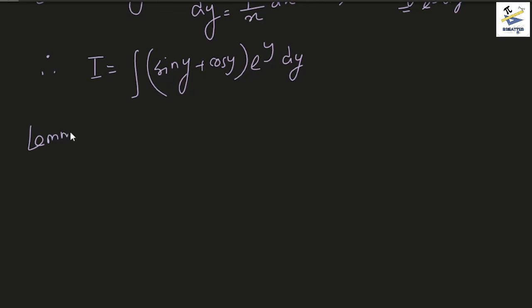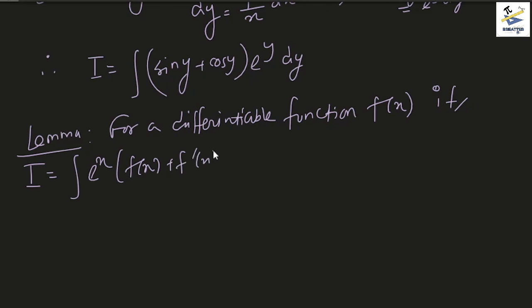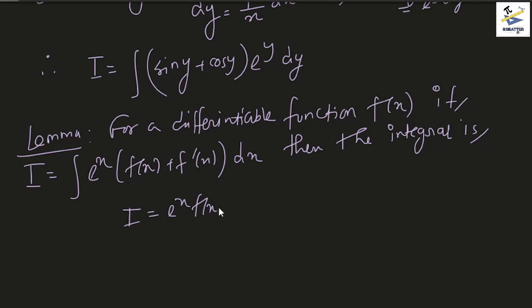So lemma: for a differentiable function f of x, if I is equal to integral of e to the power x into f of x plus f dash x dx, then the integral is I equals to e to the power x into f of x plus c.